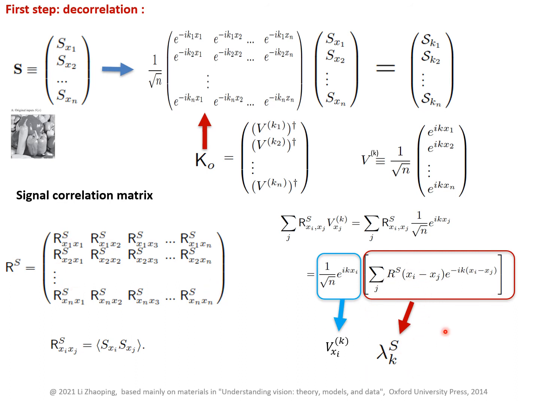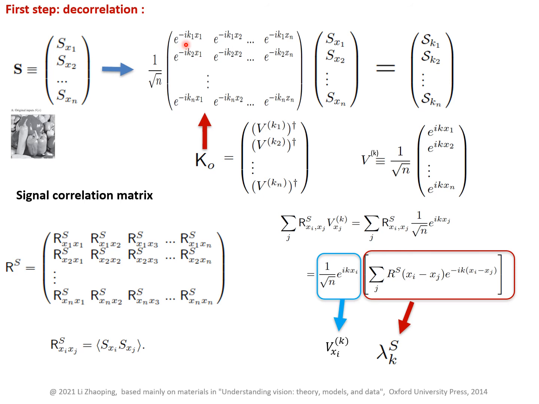So this constant is in fact the eigenvalue of this matrix for this eigenvector. So we prove that this is indeed an eigenvector. This Fourier wave is an eigenvector of this correlation matrix.